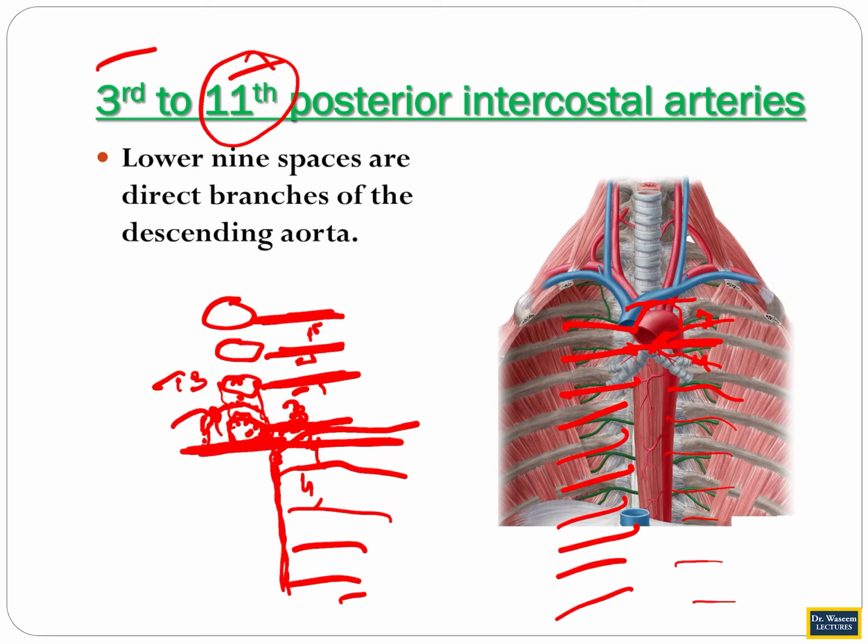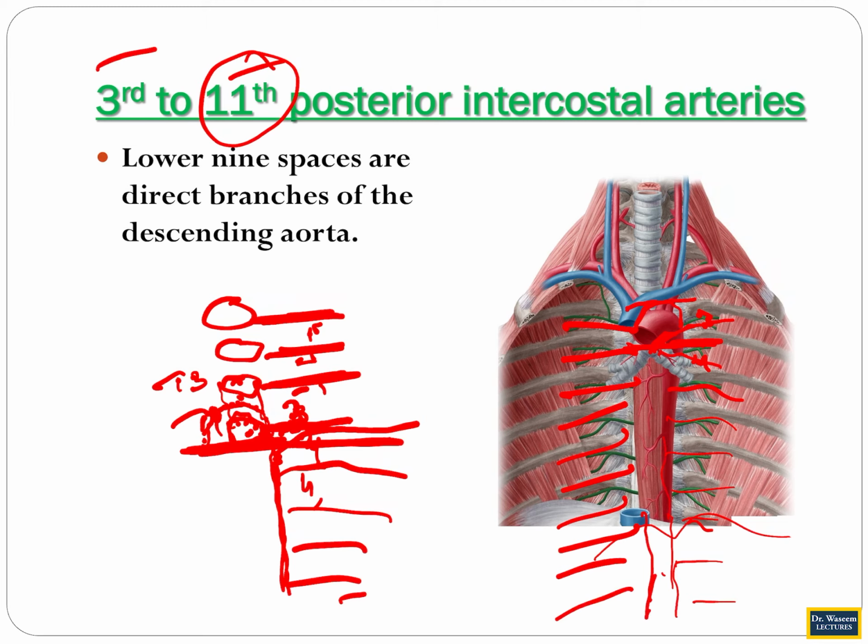If the aorta is enough for them, that means bilaterally the thoracic part of the aorta, which is called the thoracic aorta, lying at the back in the posterior mediastinum, the descending aorta, which will penetrate the aortic orifice of the diaphragm to become the abdominal aorta.